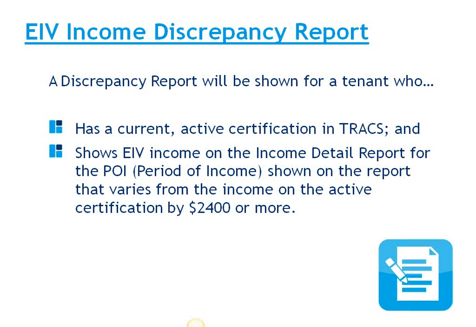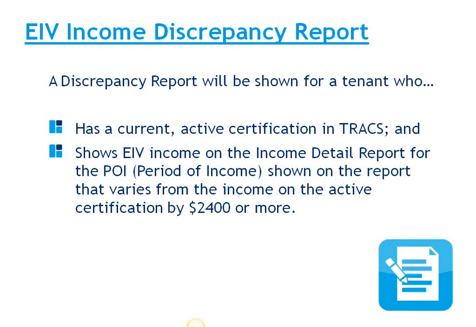What's the significance of the $2,400 a year threshold? Where did HUD come up with that number? $200 or more a month. Which is the reporting requirement, right? So if it's under a $200 variance between what you're making and what EIV thinks that you're making, HUD says, we're not going to sweat that because the resident's not obligated to report if their income fluctuates under a $200 a month threshold.